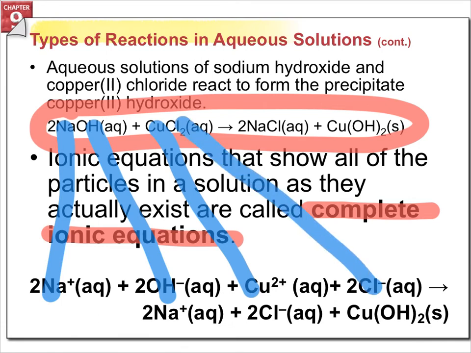And so every little thing is broken down, and now you show how many of each. If you notice here, there's a 2 here, and there's a 2 here, but this 2 also takes in the hydroxide, so we've had to put a 2 here. So it shows every little part. It is about as specific and as minuscule as we can get in showing every tiny part of this reaction, okay? So if you have all of that, then that is known as a complete ionic equation.